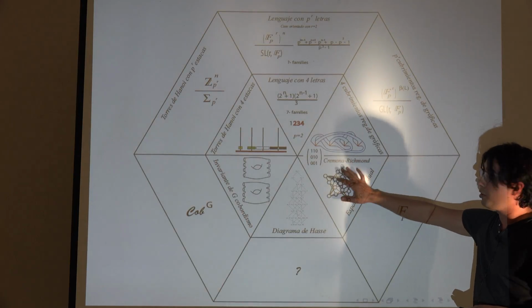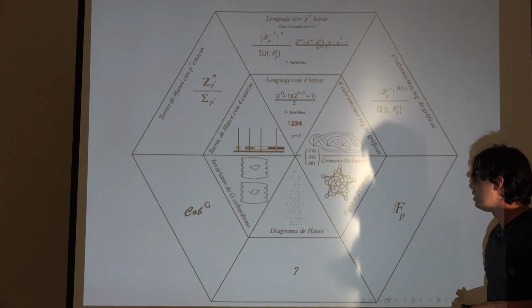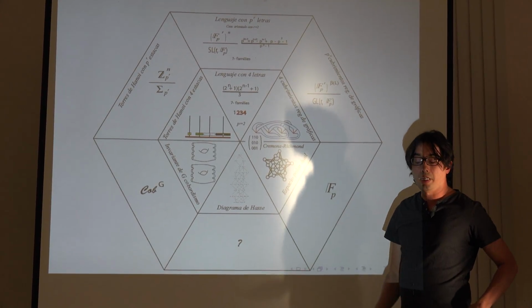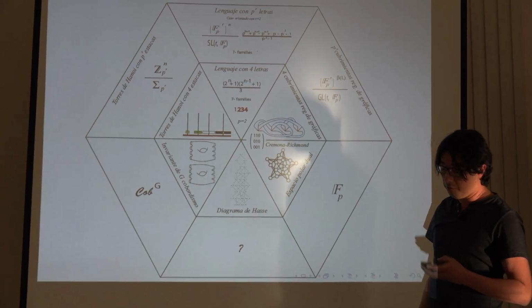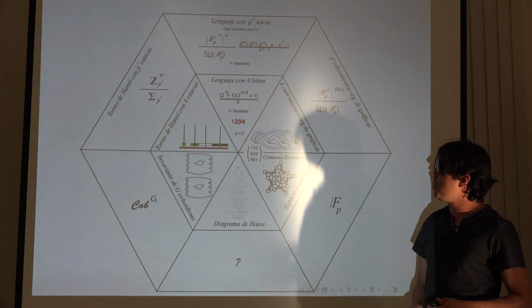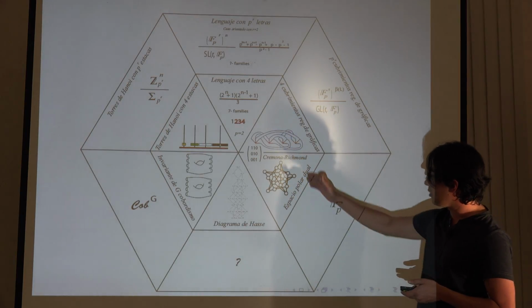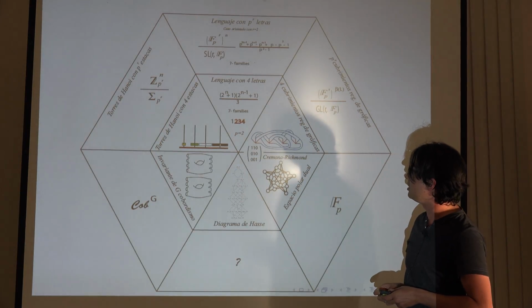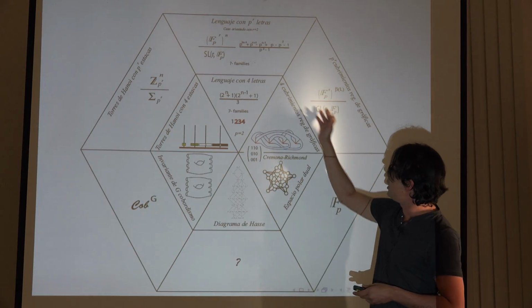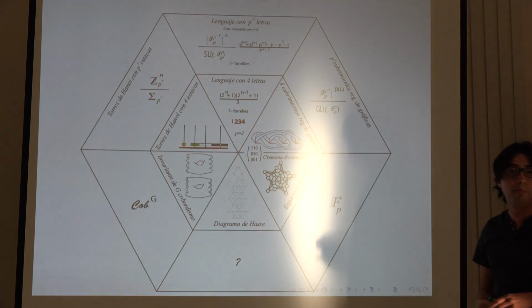This was the Cremona-Richmond configuration, the inside hexagon, when you take just the field with 2 elements. But then what happens if you take every field with p, supposed prime?